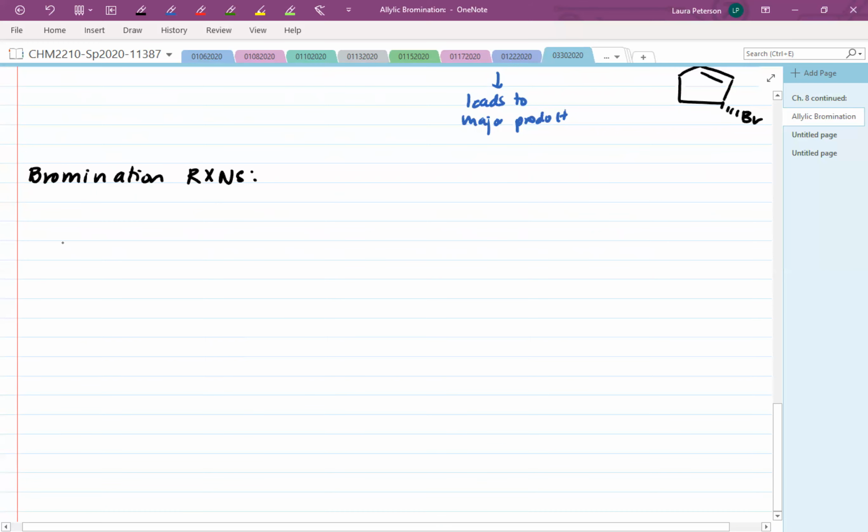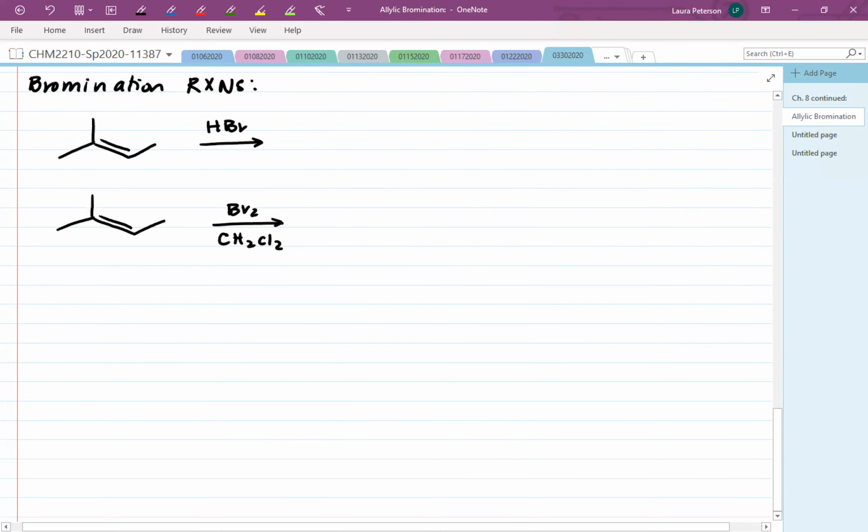The first one that we have would be an alkene and HBr. The next one would be an alkene and Br2 in an inert solvent. We also could take an alkene and react it with Br2 in a non-inert solvent like water.